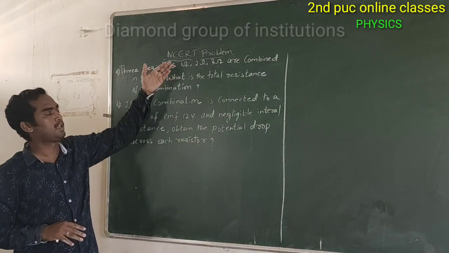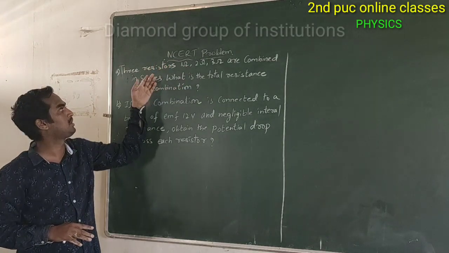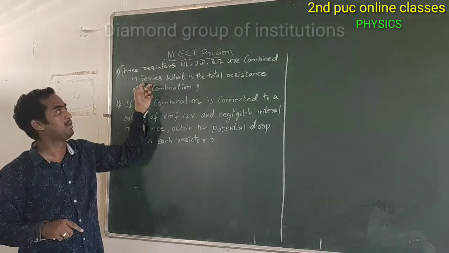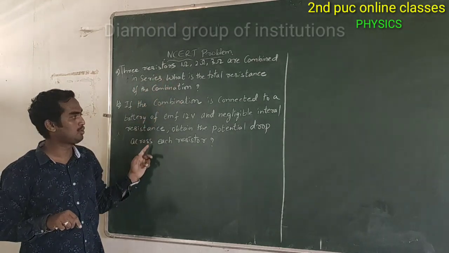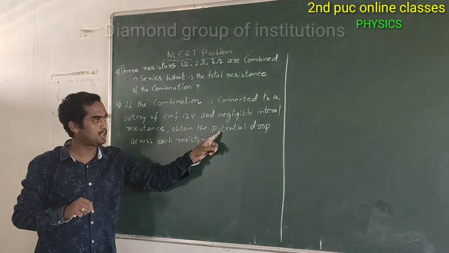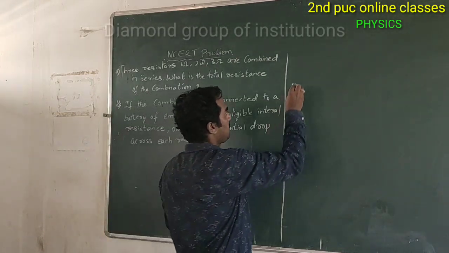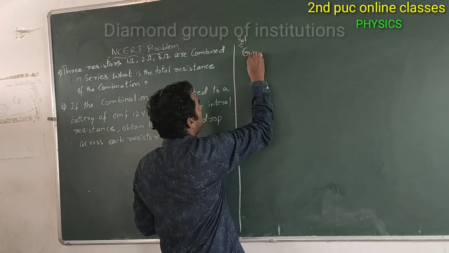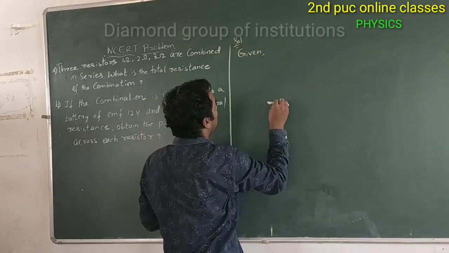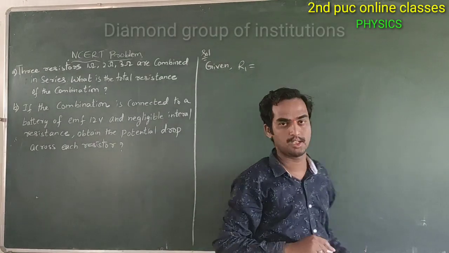So here there are 3 resistors, values are mentioned here. We have to find the value of Rs. So Rs means series combination, and also we should calculate the potential difference across each resistor. So see here, solution. Given: R1 means first resistor.